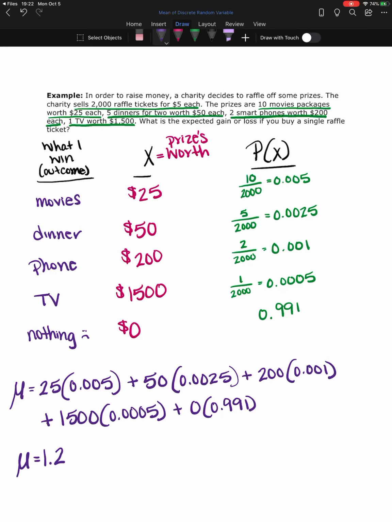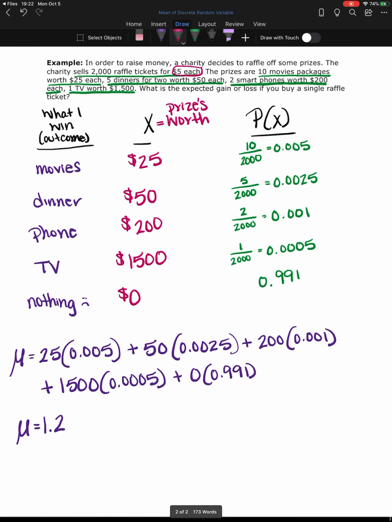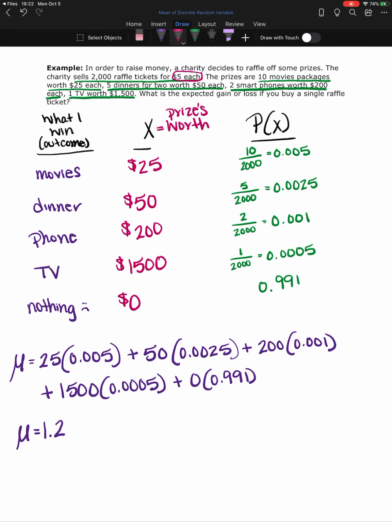So the average worth for the possible prizes is $1.20. However, this is not yet our expected value. The reason for that is because we purchased our raffle ticket for $5. So we actually paid money before we got to participate in this raffle. So we have to take that into consideration.